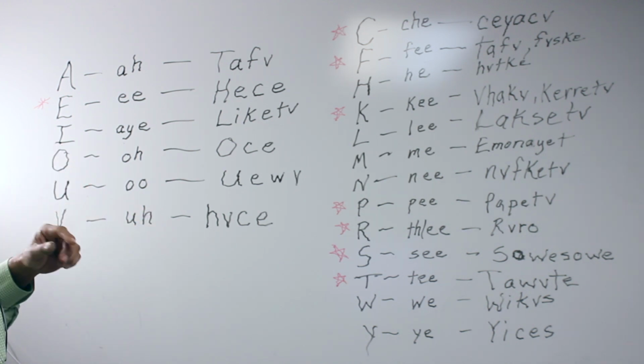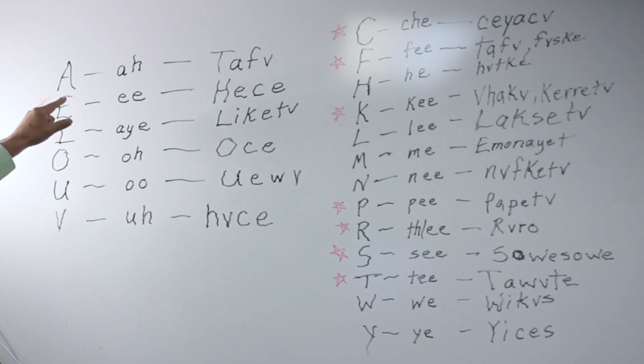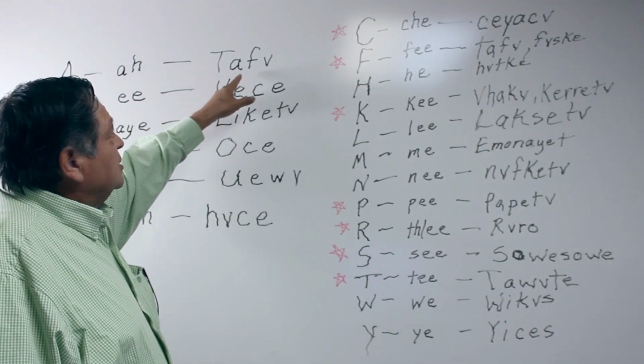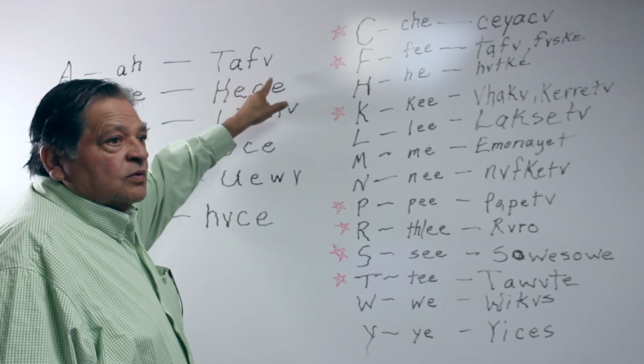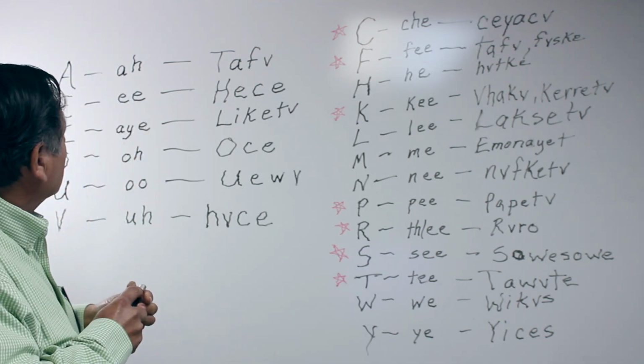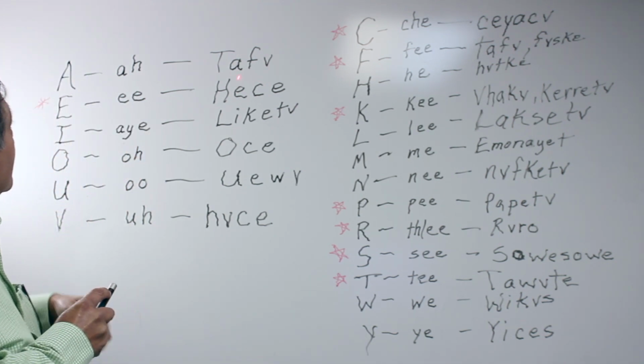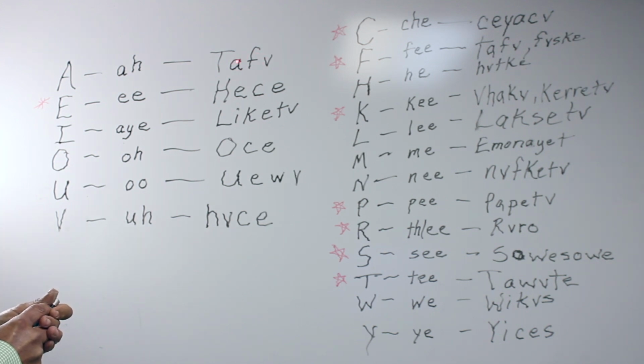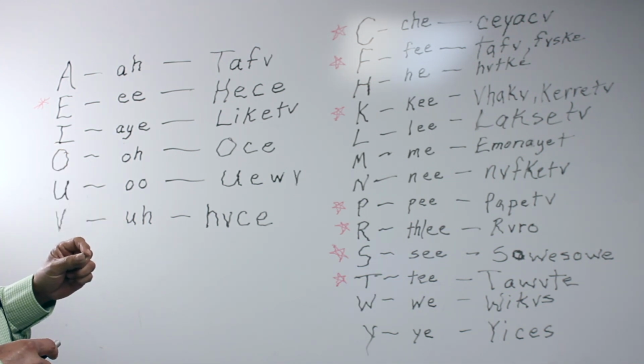One of the examples of the use of the vowel A is in the word tava. That's that word right there. And you see that that vowel A is used right there, and it makes it sound tava. You'll see that vowel in a lot of other words in the Muscogee language, and it will always make the sound ah.